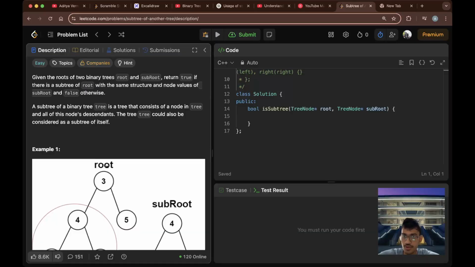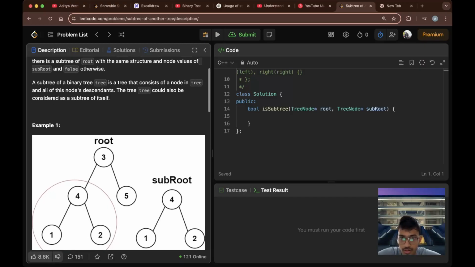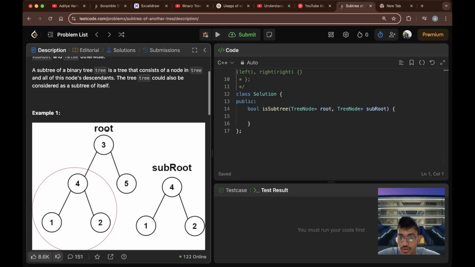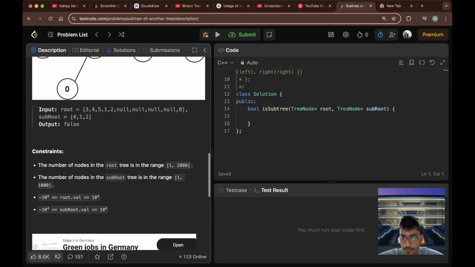A subtree consists of a node and all of its descendants. A tree could also be called a subtree of itself, obviously.